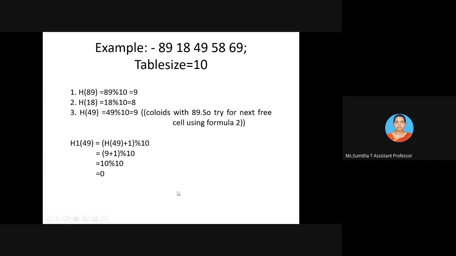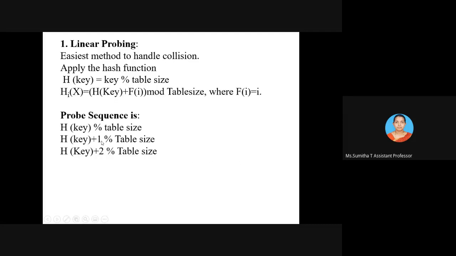Santosh is asking, if the zeroth position is not empty, then what is the next step? Yes, we have to calculate again with the same formula, that is h2 of 49. The normal formula is h of key equals key mod table size. h1 of x is nothing but the value we get from the previous formula, h of key, plus f of i, where f of i is a linear sequence: 1, 2, 3 like that.